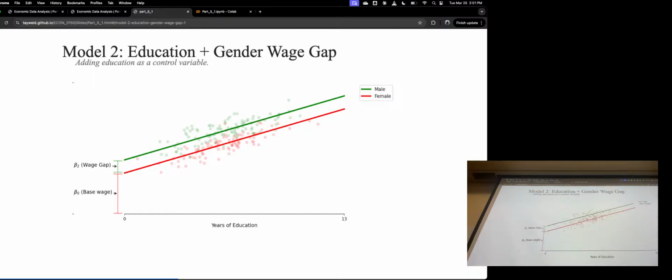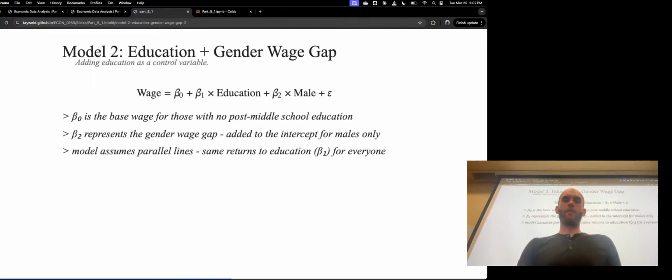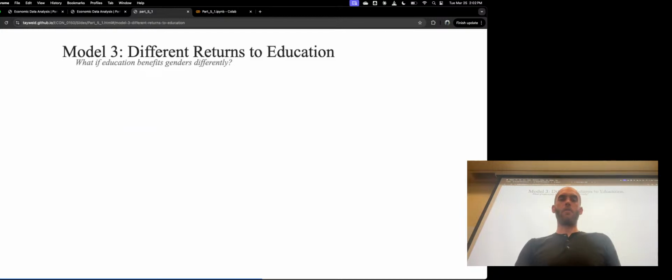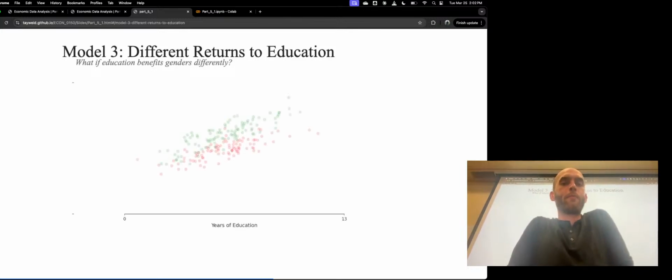So is the gender wage gap not just in baseline, but are there different slopes? So I'm going to show you another picture, and you're going to try to construct a similar kind of model using the general linear model, but for different slopes, so different returns to education by group.